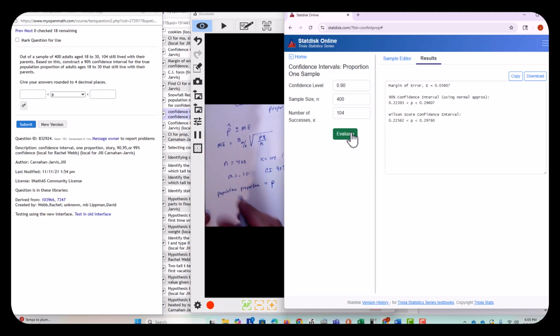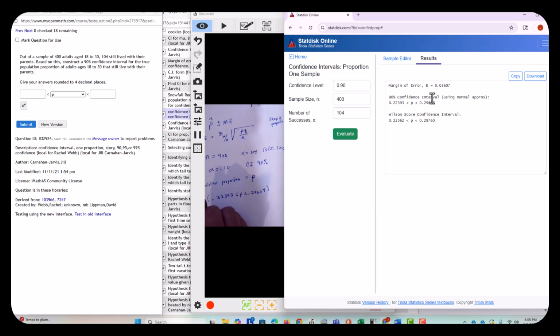So notice our confidence interval, and don't worry about the Wilson score one. We want the one up here using normal approximation, which is 0.22393 less than P less than 0.29607. Let's round those to 4 decimal places: 0.2239 less than P less than 0.2961.